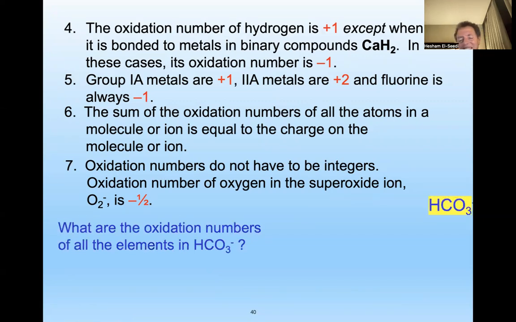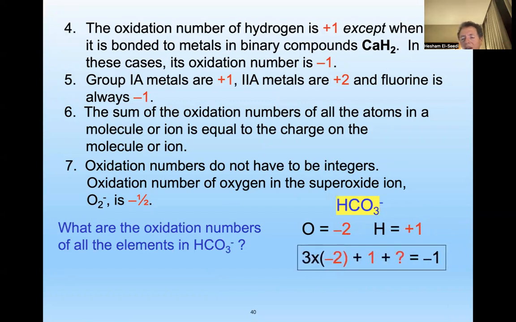Can you calculate it? Yes, HCO3, which is -1, right? So the oxygen is -2, hydrogen is +1, right? So it means that 3, which is the number of oxygens here, multiplied by oxygen, which is -2, plus 1, which is the hydrogen, plus the carbon, question mark.